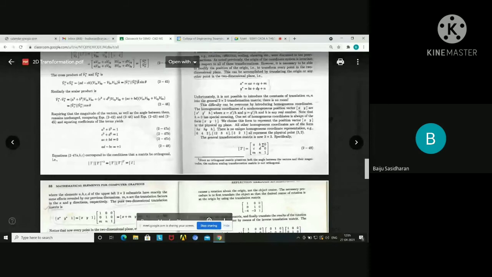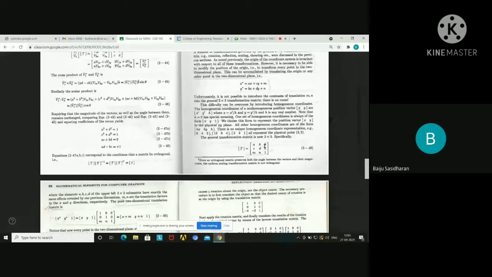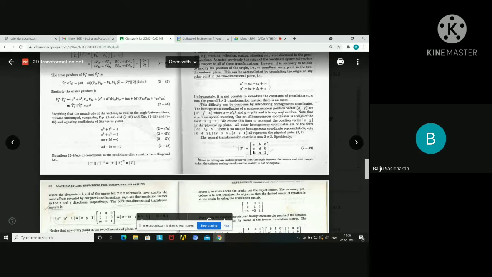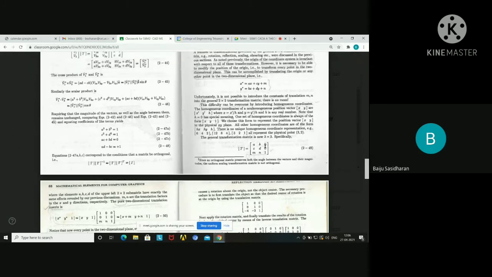T is equal to A, B, 0, C, D, 0, M, N, 1. This T indicates the transformation operator. And that T is this matrix, where A, B, C, D is our usual 2 by 2 matrix. We are giving an additional row and column. So here it is M, N, 1, and here it is 0, 0, 1. This is the general form, the representation of a 2D transformation operator in the homogeneous coordinate system.